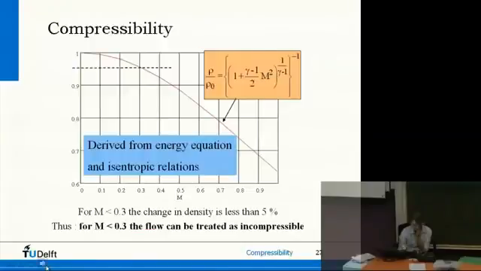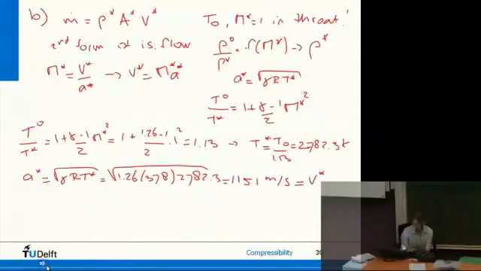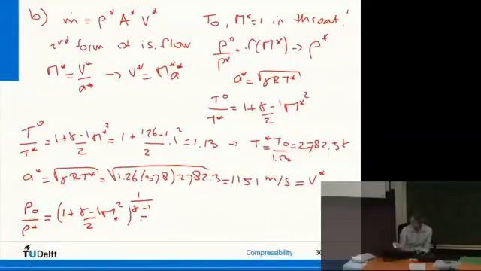So rho 0 over rho star is equal to 1 plus gamma minus 1 over 2 Mach star squared to the power 1 over gamma minus 1. Yeah? So 1 plus 1.26 minus 1 over 2, 1 squared to the power 1 over 0.26.